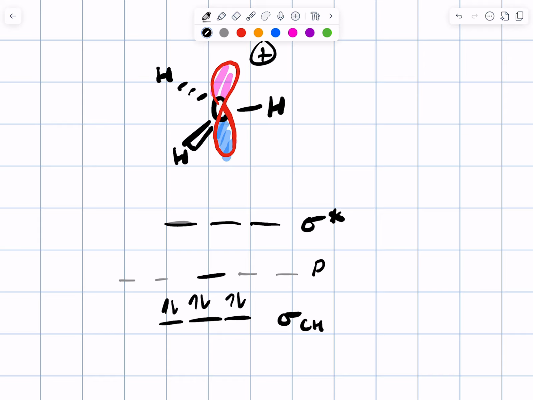Yeah? Will you ever have an example where you have non-bonding lone pairs and an empty orbital? Will we ever have an example with non-bonding lone pairs and an empty p orbital? I'm sure with time I could come up with something, but as far as HOMOs and LUMOs go, those are going to do different things. Your empty p orbitals are going to be referring to your LUMO. That's a place where electrons can go.